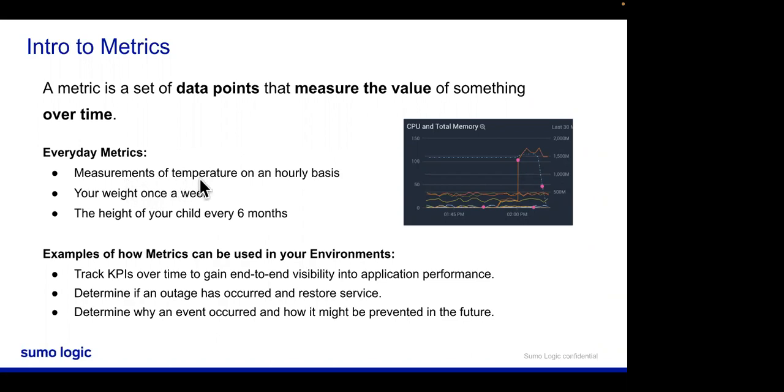Maybe you measure your temperature, your weight, the height of your child every 6 months. It's a numeric value and it typically represents something over time. Now, sometimes within companies, they refer to these metrics as key performance indicators, KPIs. And so we can use metrics to track key performance indicators to see how we're doing.